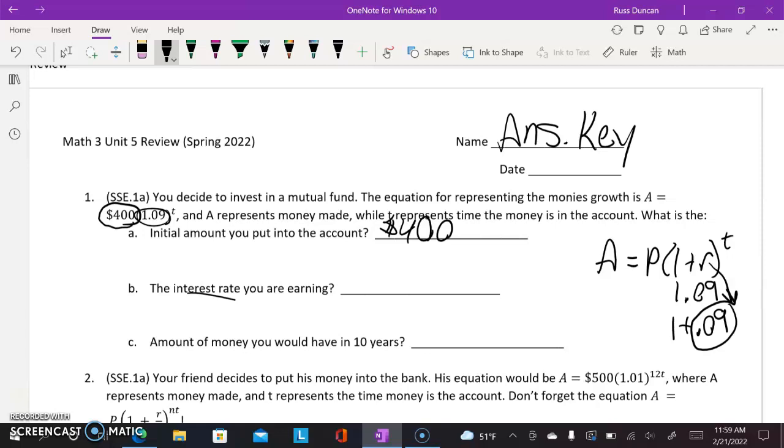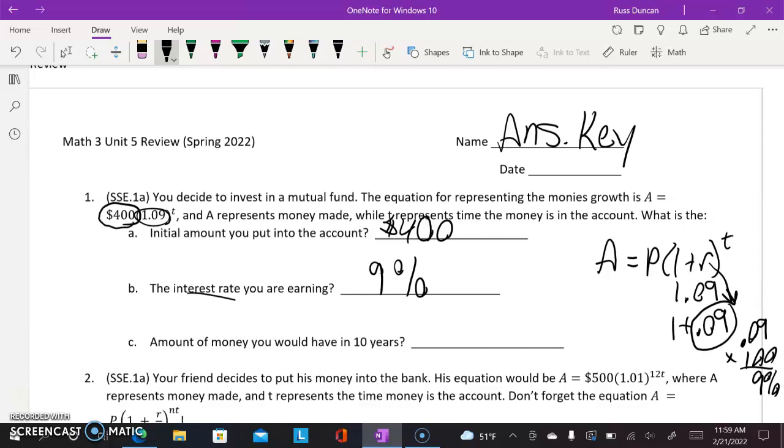Remember, percent means out of 100. Well, we want to go backwards here. Remember, to get the number we need here, we usually divide by 100. So to go backwards, we multiply 0.09 times 100. And we get 9. So 9 out of 100 would be 0.09. So 9% is my answer.